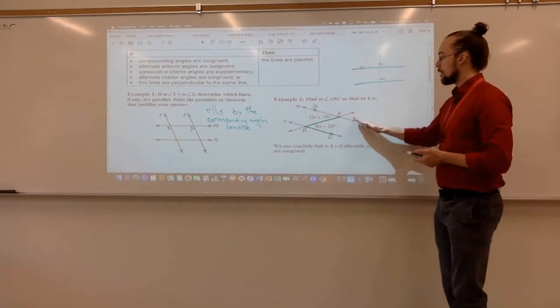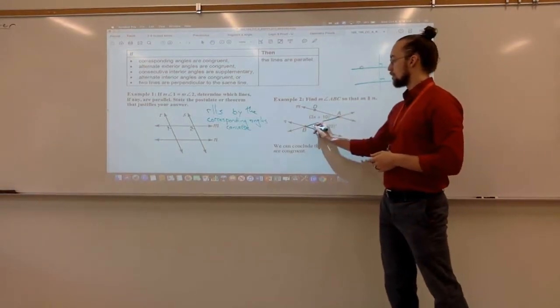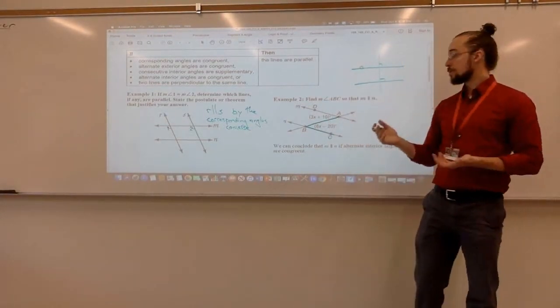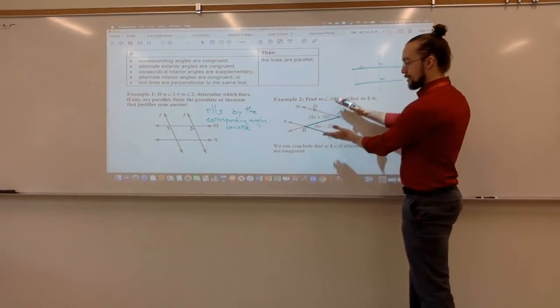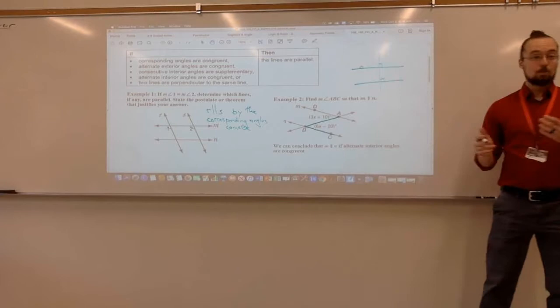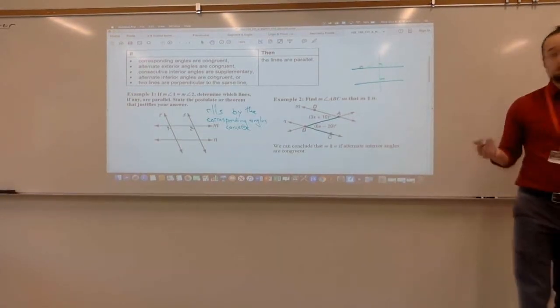So if these two lines are parallel, what would be the relationship between these two angles here? Alternate interior. They're on the inside of the parallel lines, on opposite sides of the transversal. So does that mean they're equal, or do they add to 180? They're equal to each other.